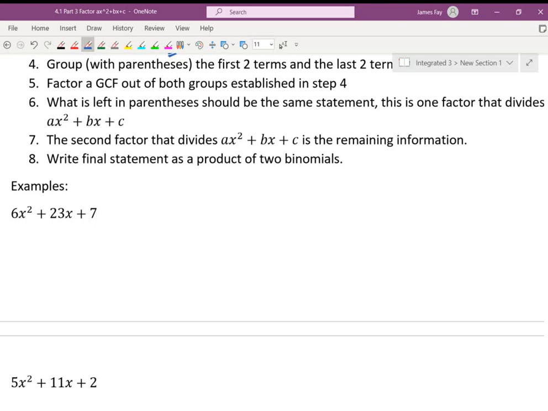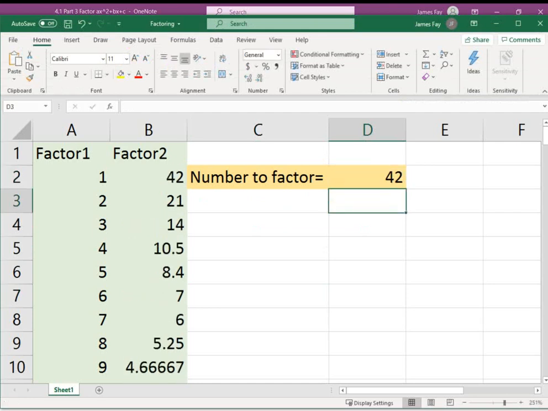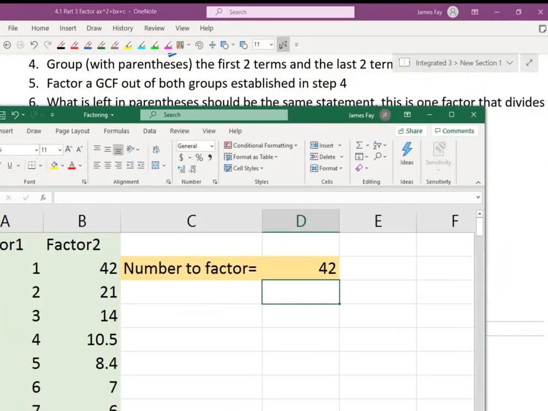So what we're going to do is take this, my A term, and this, my C term. A times C is 6 times 7, which gives me 42, right? This is where I want you to use the Excel sheet. I'm going to open that Excel sheet up. In that box right there, type in 42, hit enter, and it will give me my factors of A times C. Because of this process, this A times C number is usually going to be pretty big.